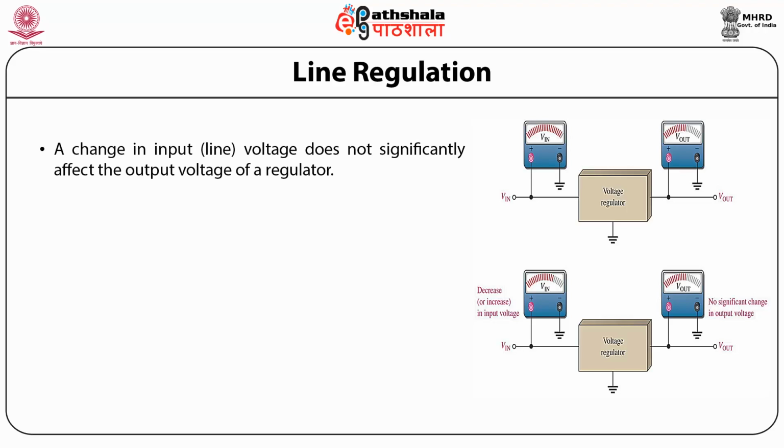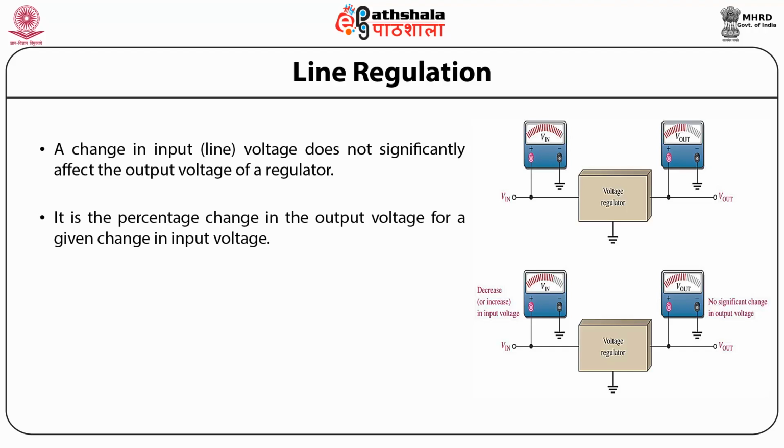So a change in the input line voltage does not significantly affect the output voltage of a regulator. Basically, it is the percentage change in the output voltage for a given change in the input voltage. That is, line regulation is equal to delta Vout by delta Vin multiplied by 100%.